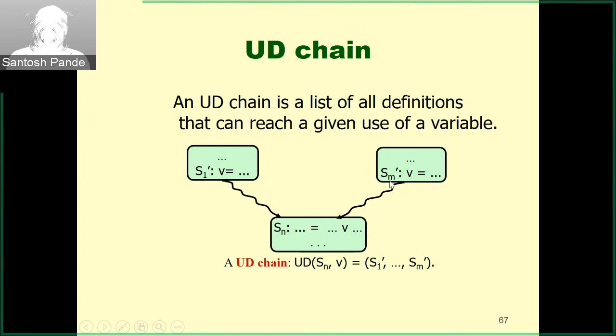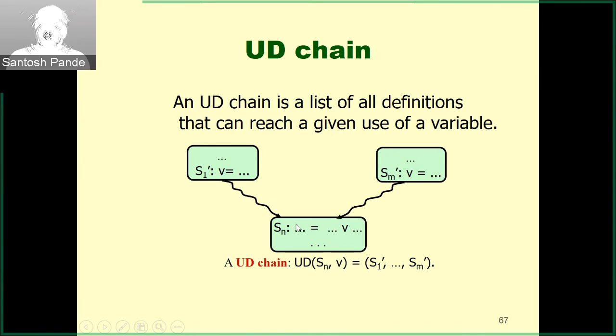And similarly, SM dash and SN again have the same A's and B's participating here. And that's what matters. Because if we substitute this A by this B, then in the first case, it will be B1. In the second case, it will be B2, and that will be consistent with the program semantics.